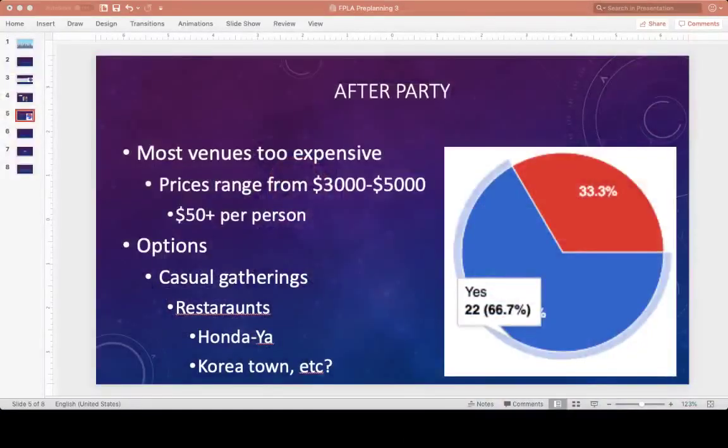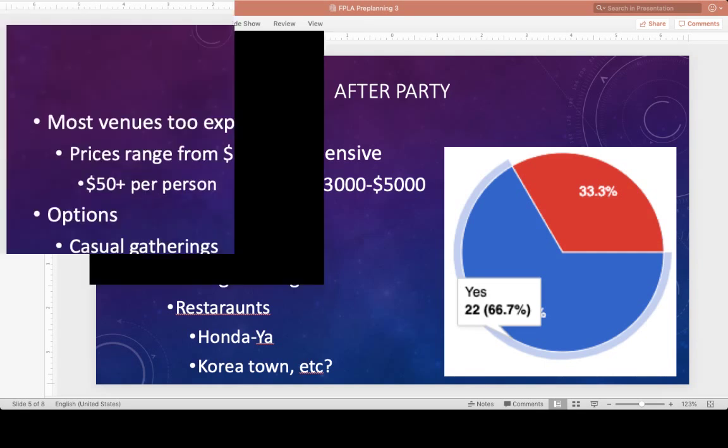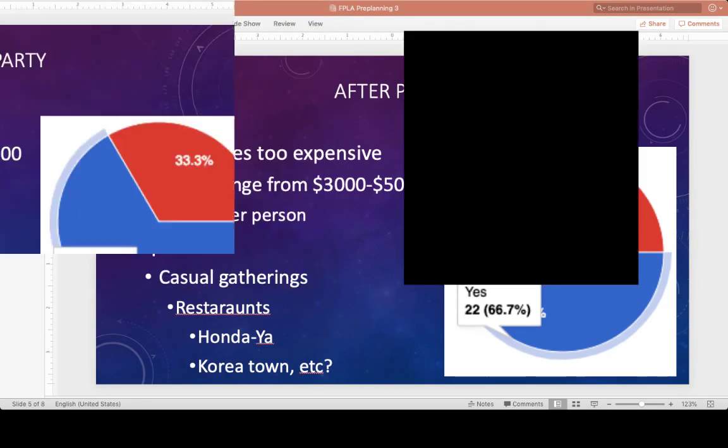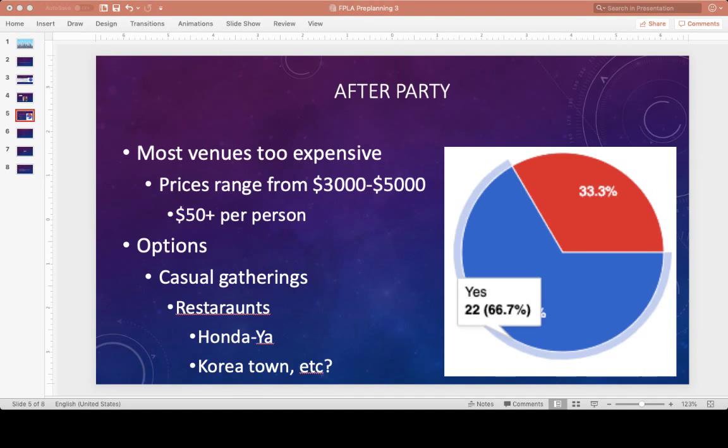Okay, so a little tangent from the after party. I got into contact with the owner of Suehiro. Suehiro is a place in Little Tokyo, a little Japanese cafe. For those of you who went to Cosmic Explorer, that's where we had the pre-party.